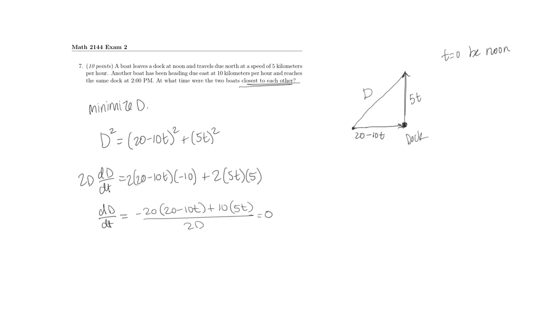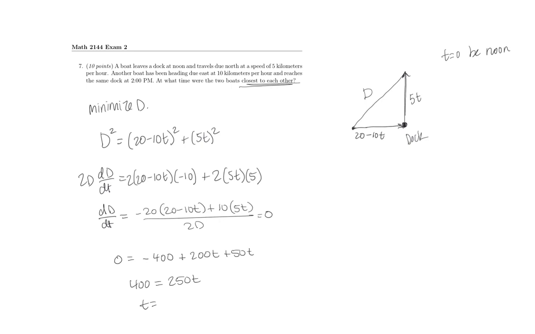So if I set that equal to 0, and I multiply things in, I'll get negative 400 plus 200t plus 50t. So I'll get 400 equals 250t, and then I can divide that over, and I get t equals whatever that is.